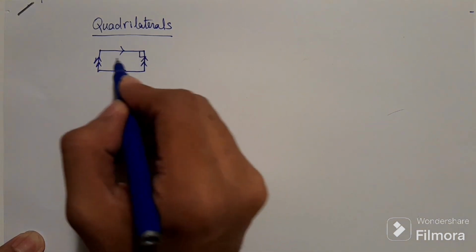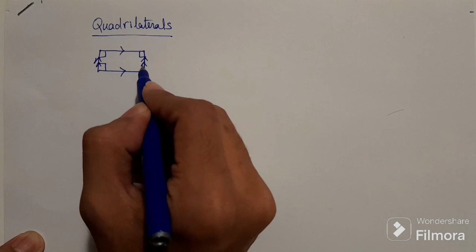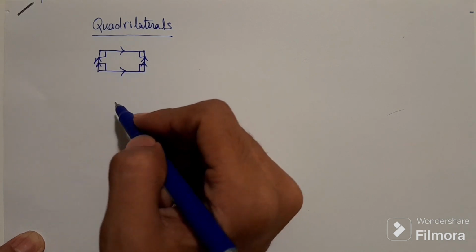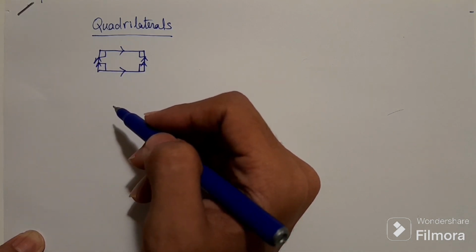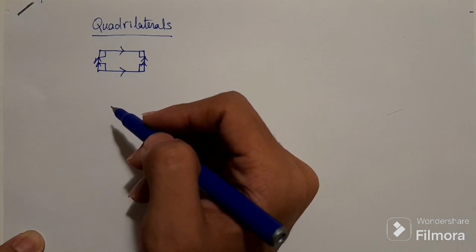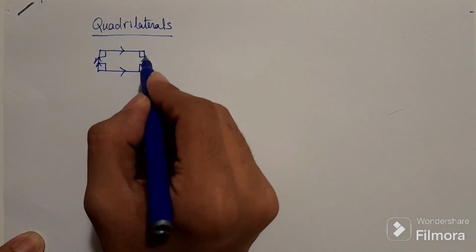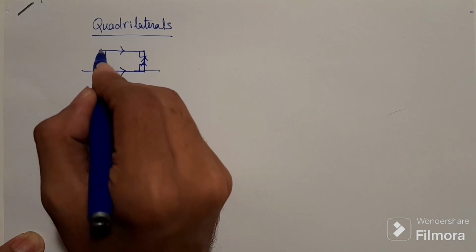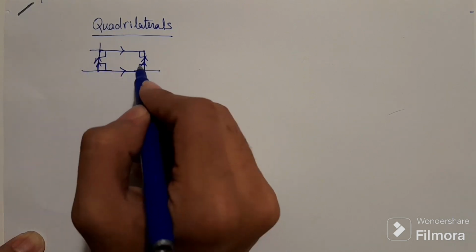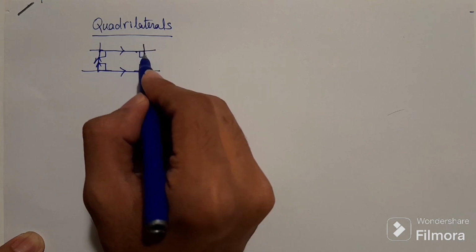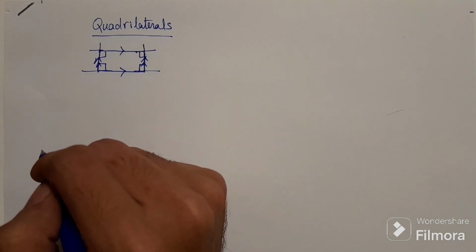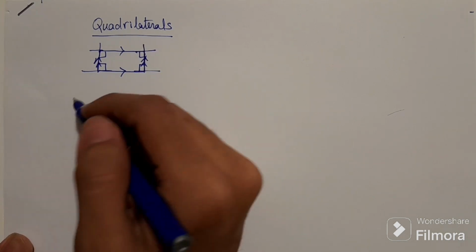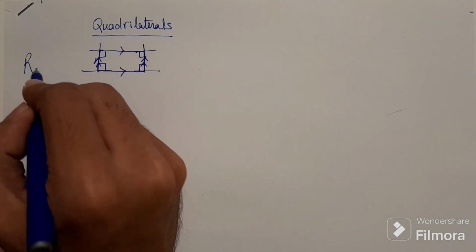So this will be 90, this will be 90, this will be 90, and this will also be 90 degrees, and the diagonals bisect each other, meaning this line bisects this line, and this line bisects this line, and so on, like this. This is a rectangle.